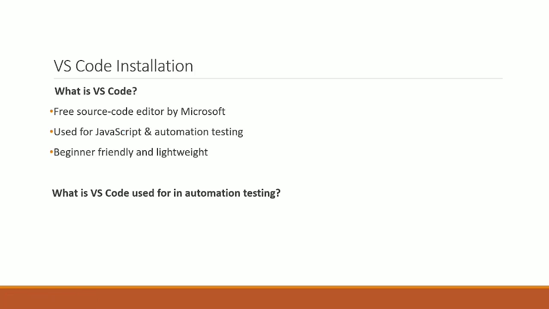This editor is made by Microsoft and it is used for JavaScript and automation testing. We can edit the script, debug the application, and run automation tests using Visual Studio Code. It supports multiple languages: JavaScript, TypeScript, Python, Java, C, C Sharp.